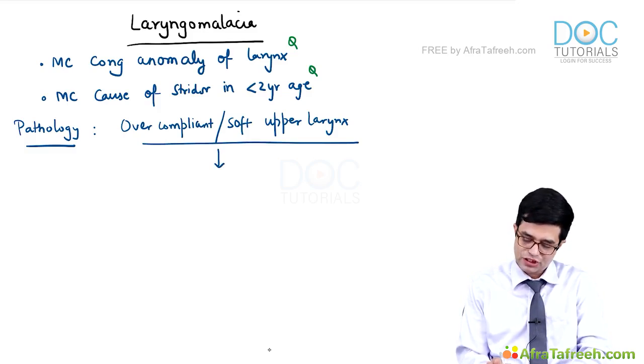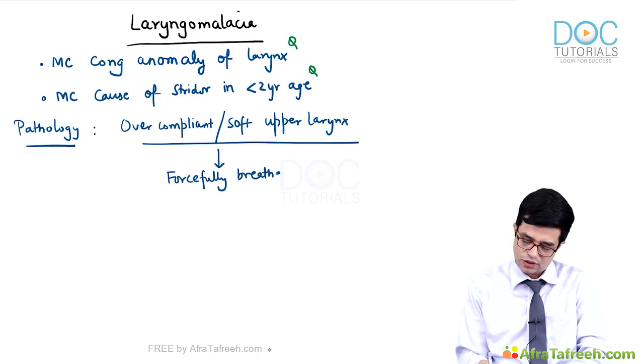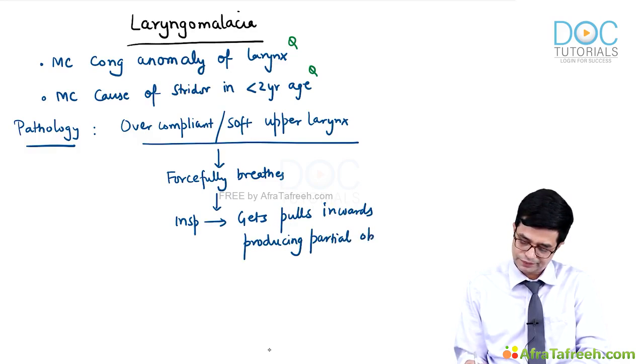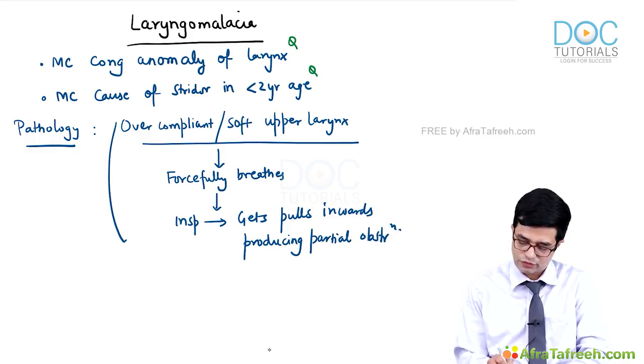So whenever the child forcefully breathes, on inspiration it gets pulled inwards, producing a partial obstruction. This partial obstruction produces stridor. And this is what laryngomalacia is.